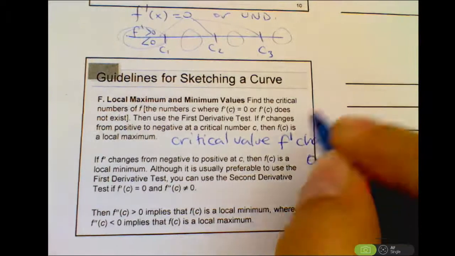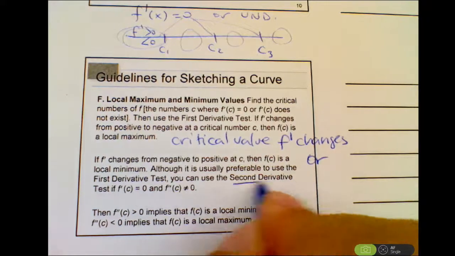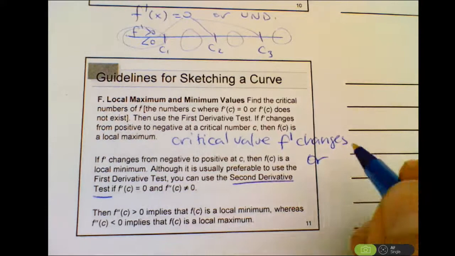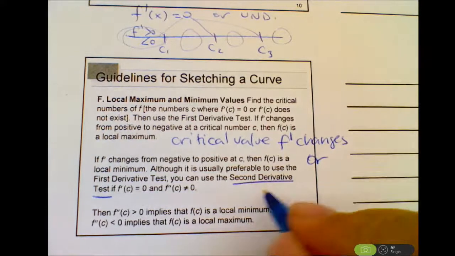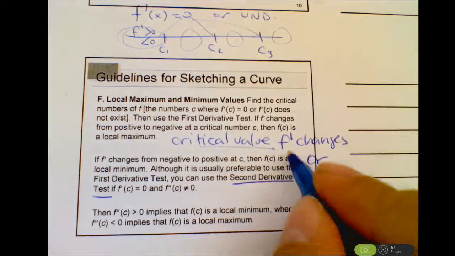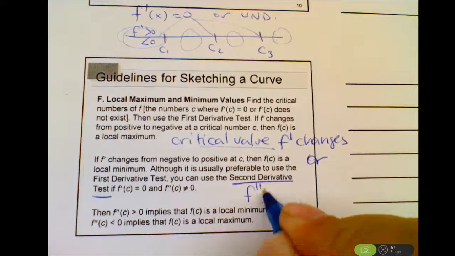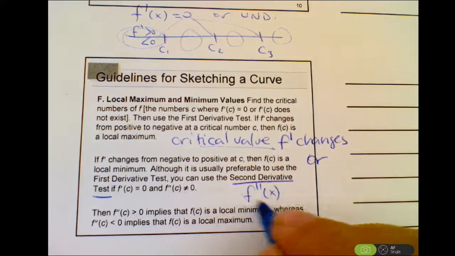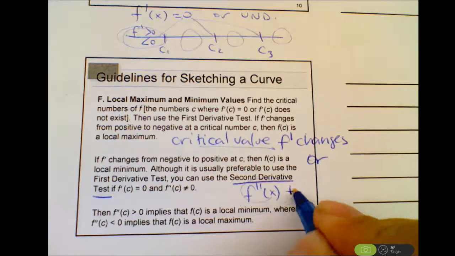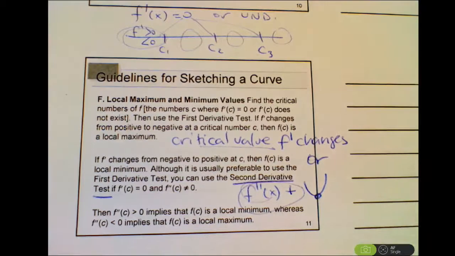That's what is called the first derivative test, or you can apply the second derivative test, by which you can do the following. You find your critical values by making the derivative 0, and then on those values you evaluate the second derivative, and if that second derivative is positive, then you know it concaves up, and if it concaves up, you know you have a local minimum.